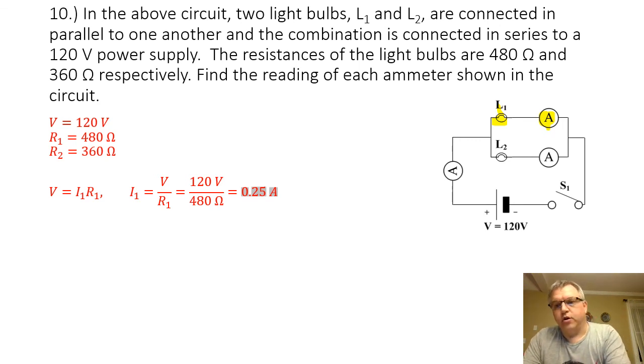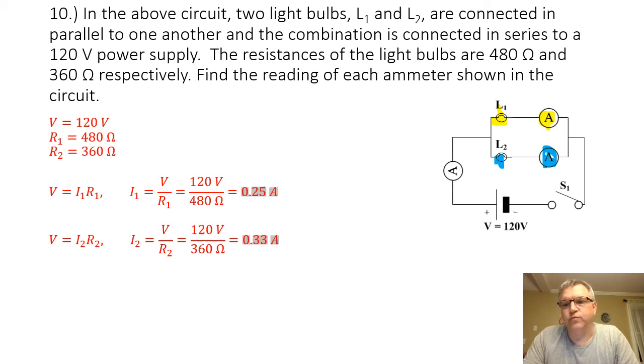For the current going through the second light bulb, there's my ammeter for the second light bulb. We can see that that is wired in series with that light bulb. I am going to divide the voltage by the resistance of the second light bulb, 120 volts divided by 360 ohms is going to give me a current of 0.33 amps.